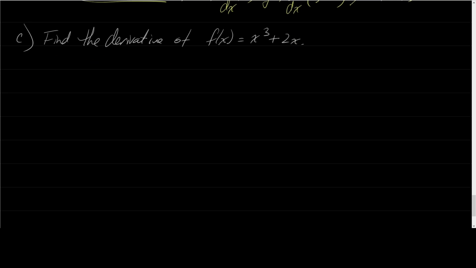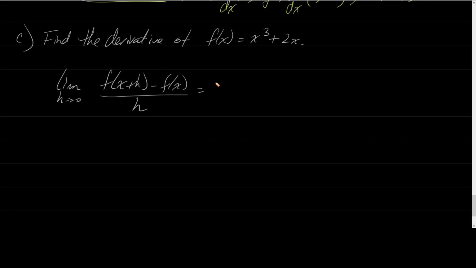And here the formula is the limit as h goes to 0, that's our definition, of f of x plus h minus f of x over h. By the way, you should recognize this fraction by now. This is the difference quotient. So we're going to take the limit as h goes to 0 of the difference quotient.